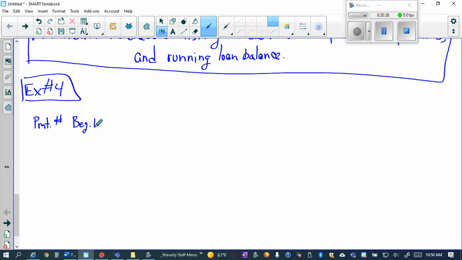Remember, because that'll change as you pay down with the principal. And then we'll have the amount of our payment, which is the same all the way through, right? The payment amount will never change. Now here's what will start changing again. The interest portion of the payment and the principal portion of the payment. And of course the ending balance each month.